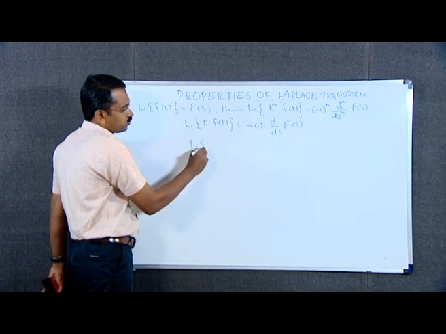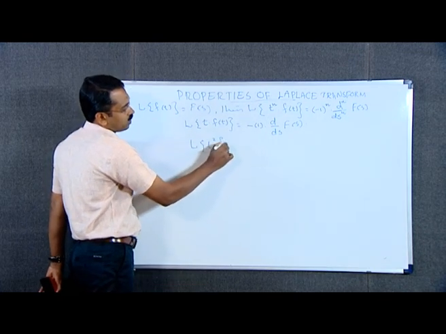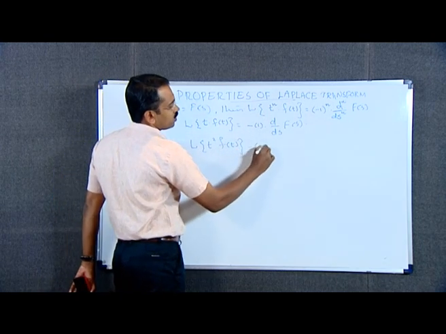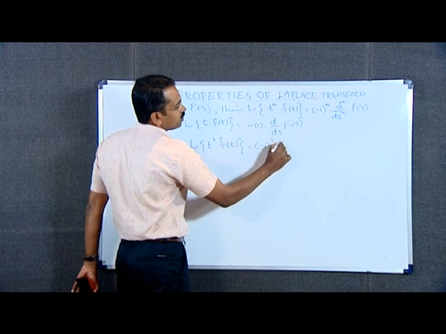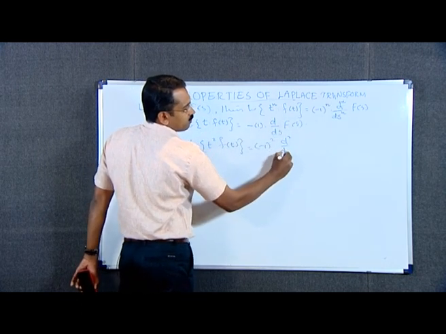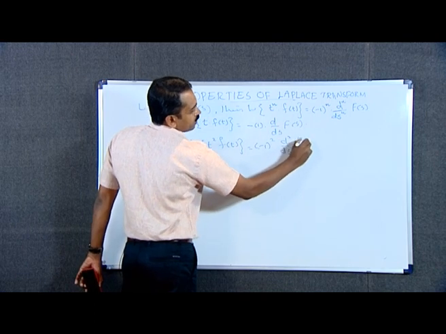And for n equal to 2, L of t square into f of t is equal to minus 1 square into the second derivative, d square by ds square of f of s.